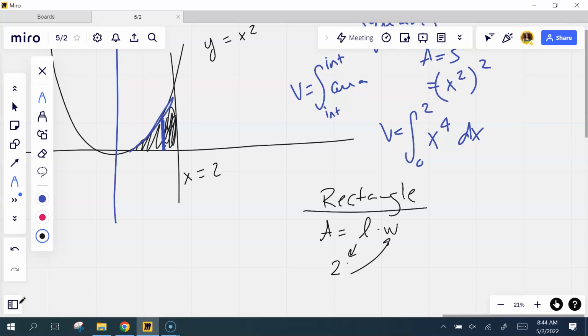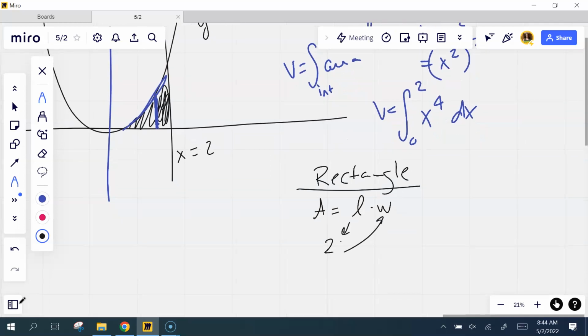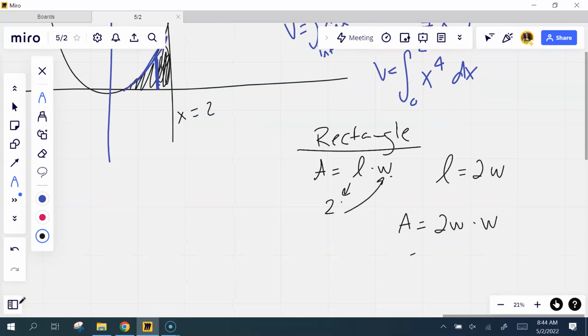If the length is twice the width, L is 2W. So my area of one is 2W times W, which is 2W squared. Well, what is W?